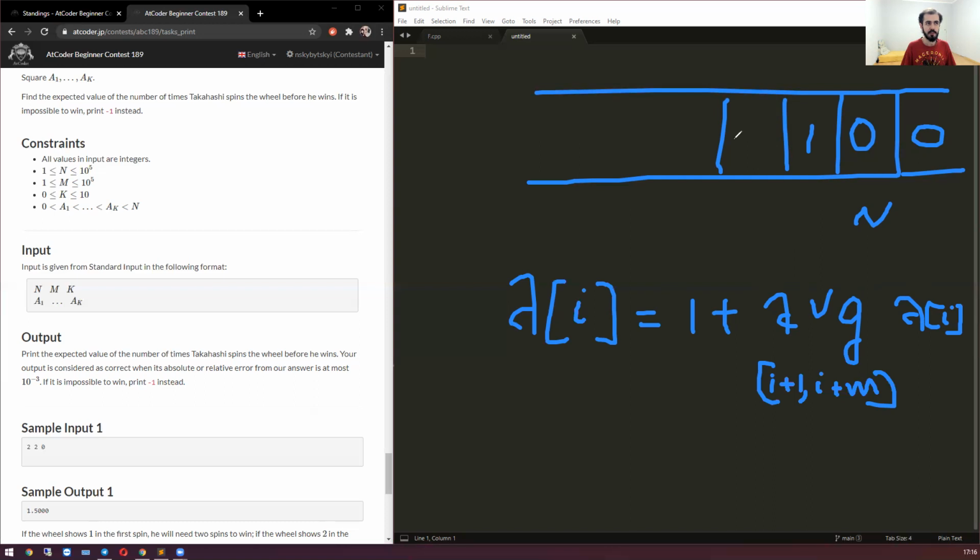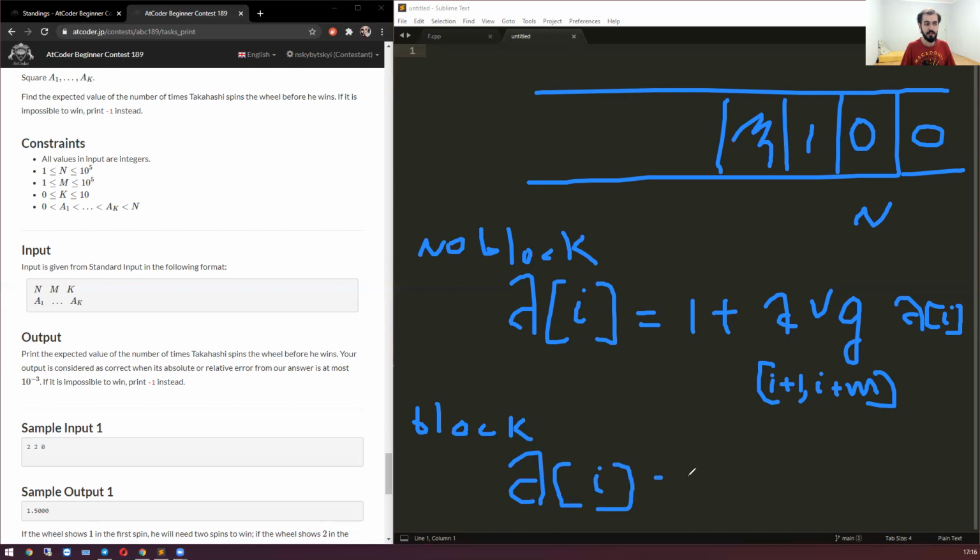And then I thought, what happens if the cell is actually blocked? And I realized that if a cell is blocked, and here you have no block, the answer at position i is basically the answer at position 0, right? Because you return to the beginning. And then I thought, oh, it's great, right? But then you realize what actually happens here.